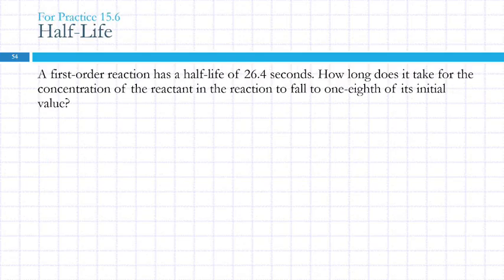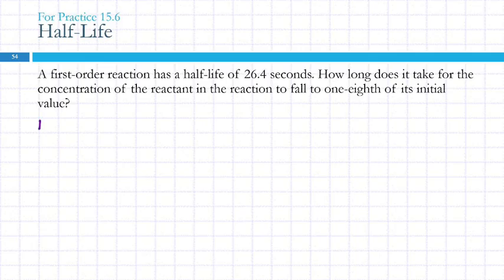A first-order reaction has a half-life of 26.4 seconds. How long does it take for the concentration of the reactant to fall to 1/8 of its initial value? There are 2 ways you could solve this one. Because they're talking about 1/8, the numbers are nice.